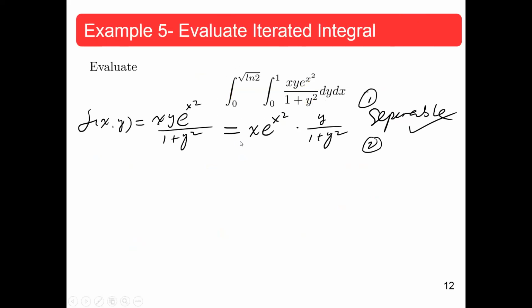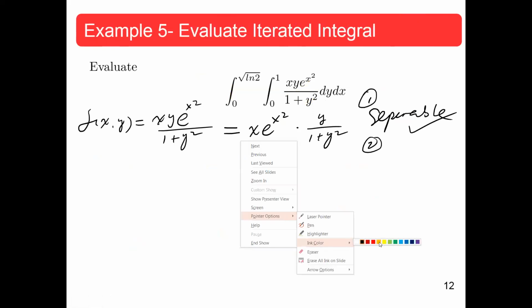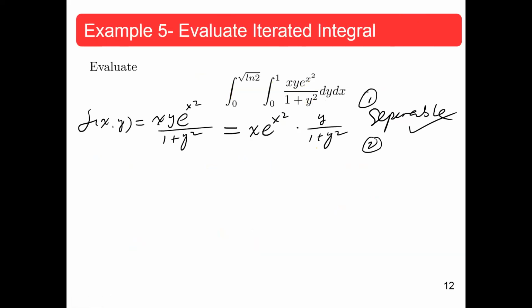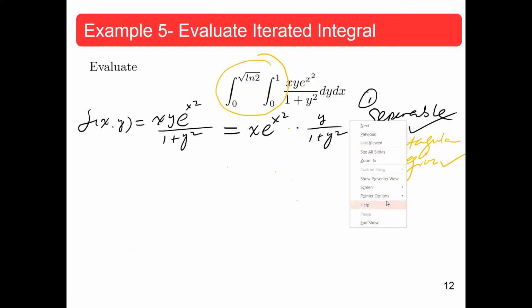So over here, the limits are constants. This is over a rectangular region. Good. So with these two conditions being met, we can use that conclusion.